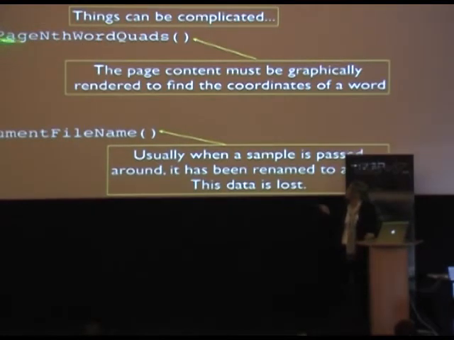For example, you can get the boundary box coordinates for a box around a particular word on a particular page. And if you're trying to evaluate a PDF file, you need to essentially render a page graphically to find out what the answer will actually be. Because based on your font and what the size is and the position on the page and stuff, you get completely different coordinates out of this, obviously.